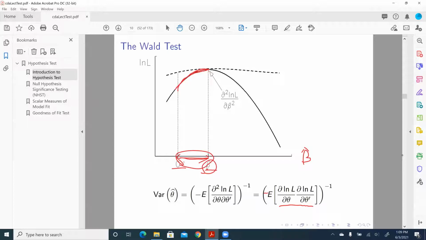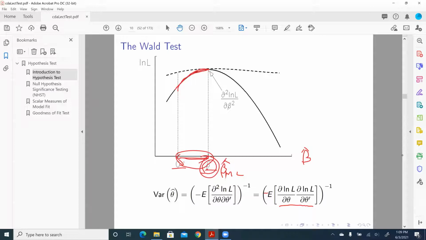So basically we look at something related to the second derivative of the log likelihood with respect to beta ML. In this case, it is this value.